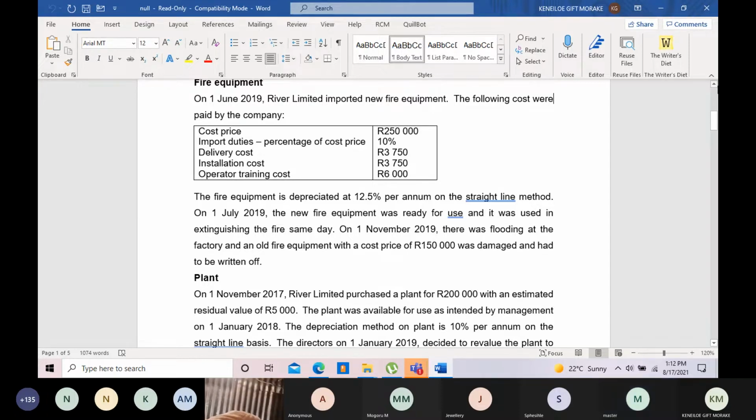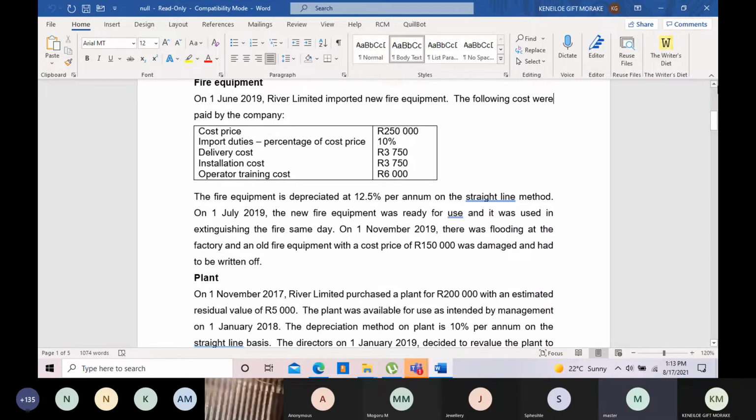I mean to say to you, you have to take the cost price and apply the percentage of 12.5% here. On the 1st of July 2019, the new fire equipment was ready for use and it was used in... it was damaged.